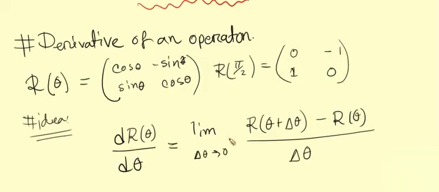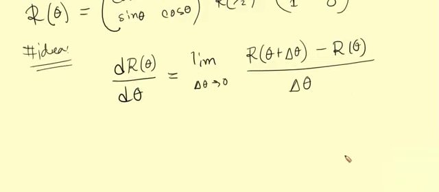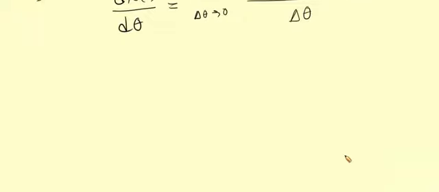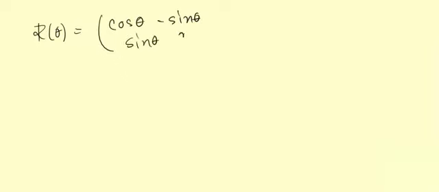So this is just a formal definition, and now let's try to evaluate the derivative itself. That is, we have our R of theta as, so now we ask what is dR of theta by d theta, right? That is the first derivative.